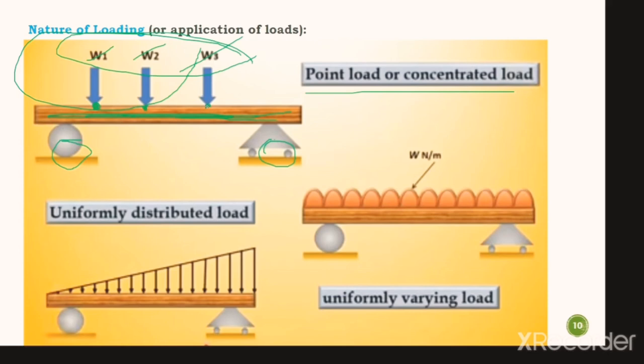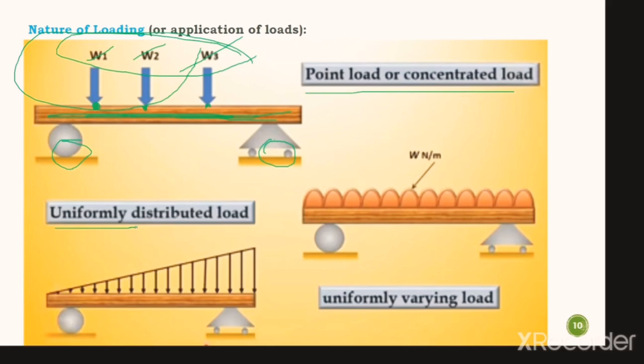And coming to this second one, this is very interesting because in the design of a column or a beam or a slab and everything, the loads are considered to be uniformly distributed loads. Of course, you are going to see that in your structural analysis subject in your 2-2, right?